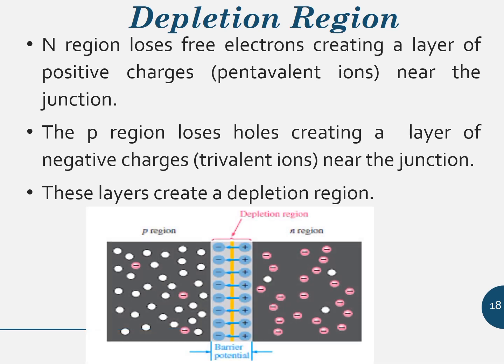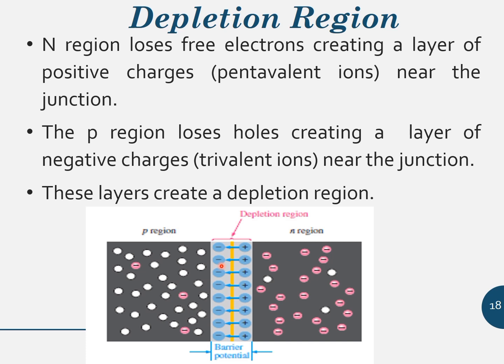Now, look at this figure. For every electron that diffuses across the junction and combines with a hole, a positive charge is created in the n region and a negative charge is created in the p region, as you can see here.